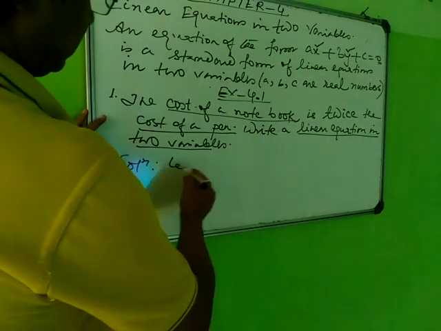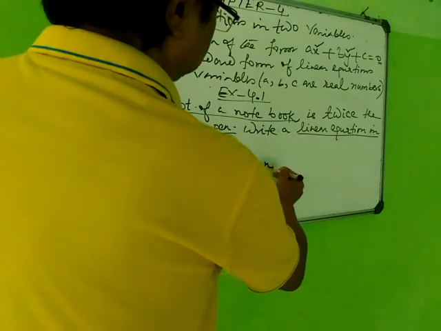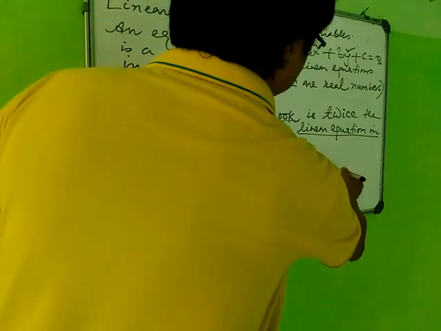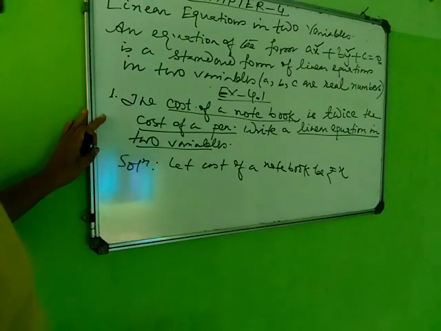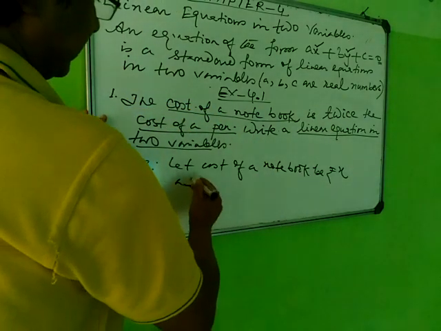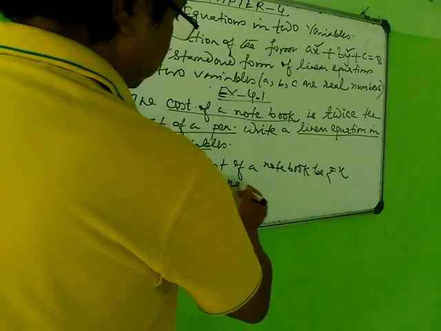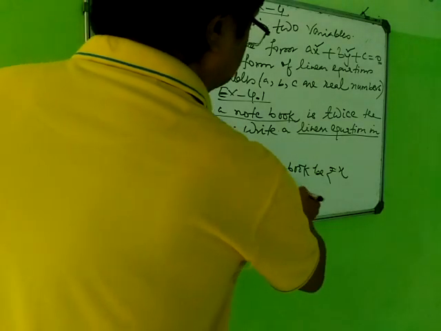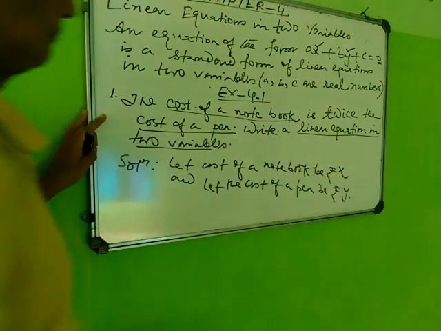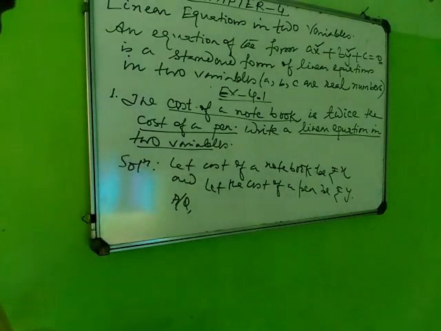Let the cost of a notebook be x rupees, and let the cost of a pen be y rupees. Now according to the question, you are going to make the equation.